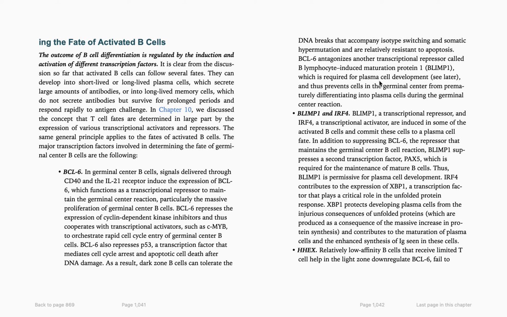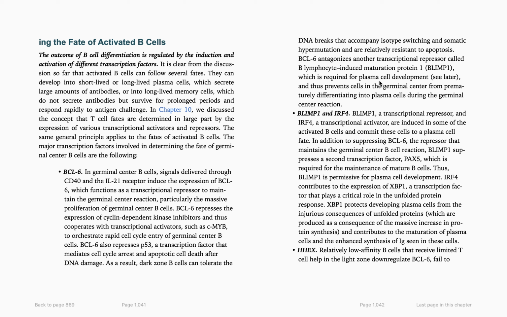In chapter 10, we discussed the concept that T cell fates are determined in large part by expression of various transcriptional activators and repressors. The same general principle applies to the fate of activated B cells. The major transcription factors involved in determining the fate of germinal center B cells are as follows.